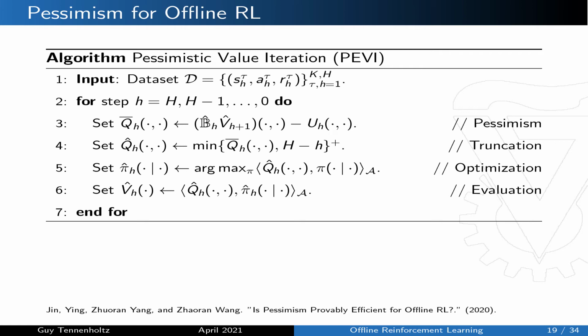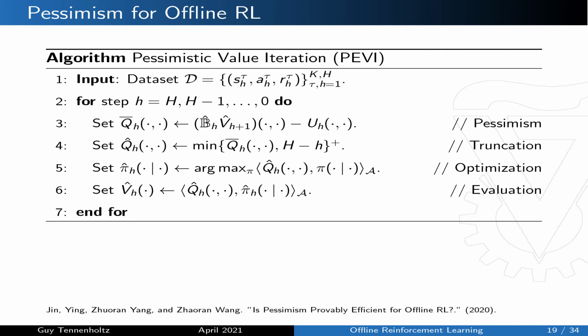The first thing we're going to do, given we have a current estimate for a value, is apply our estimated Bellman operator and subtract our bound over this estimate. Remember the bound that we saw before? Our estimator for the Q function would be some truncation. Here we're truncating the Q function because we're assuming the reward is bounded between 0 and 1, so we can also bound the Q function.